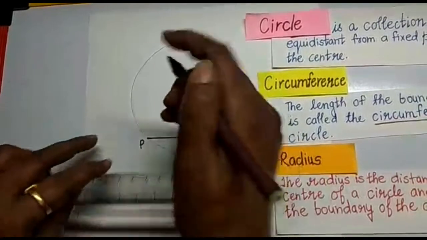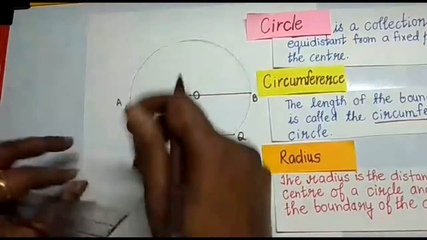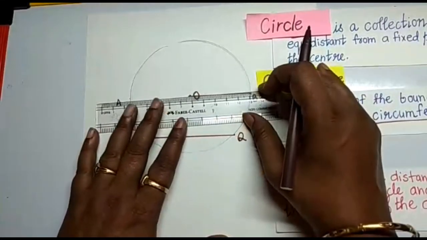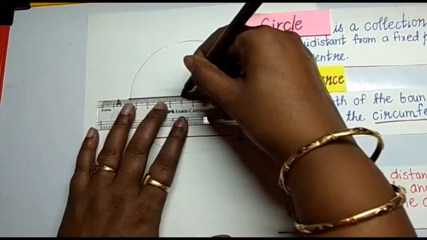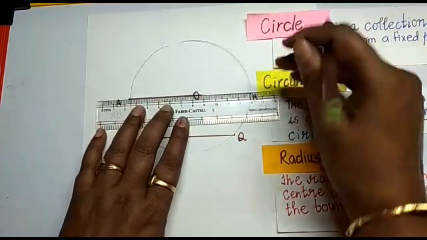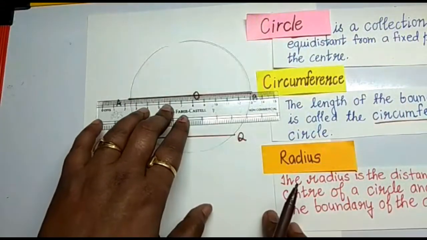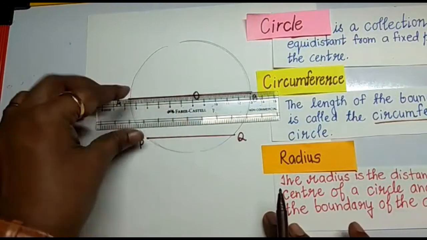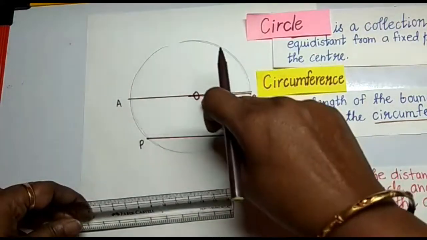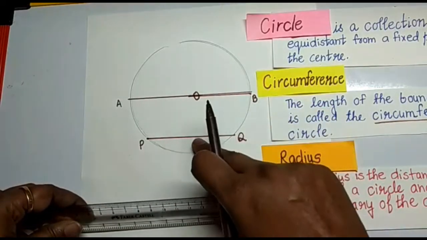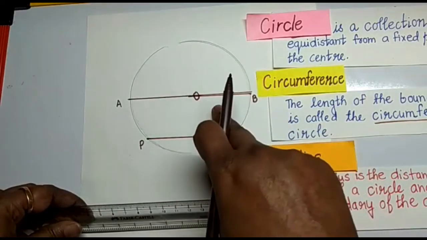Let's take one more point on the boundary of the circle, A, and when we join this point A and O, then we will get the line segment AB. So this line segment AB is also a chord of the circle, but it is passing through the center O. The difference between this chord and this chord is that this is the longest chord of the circle and it is passing through the center.